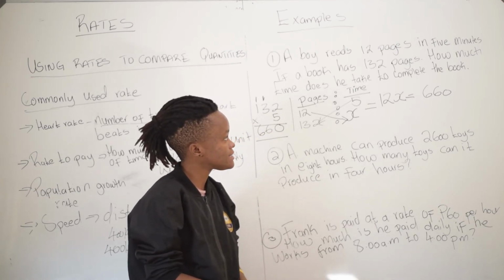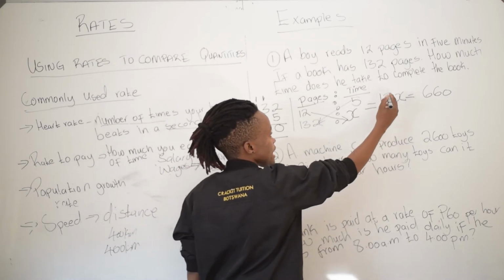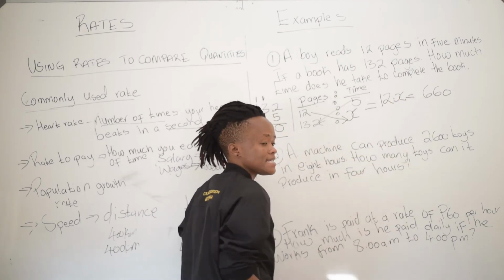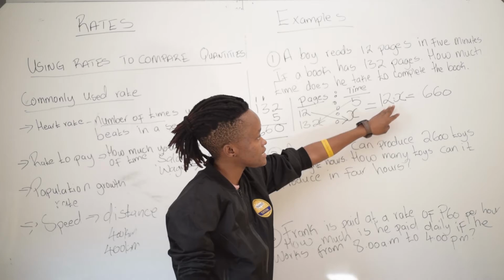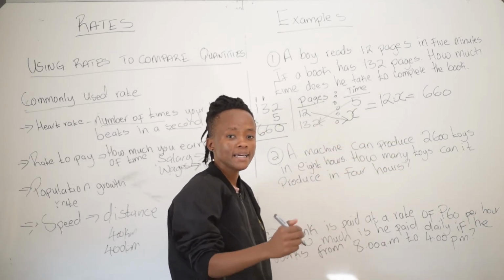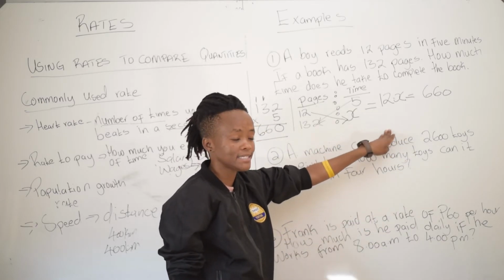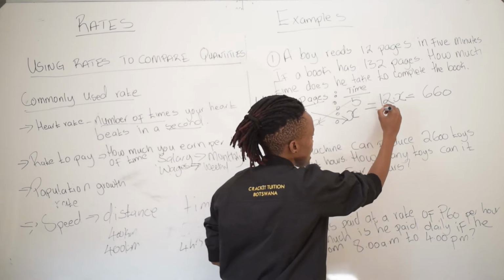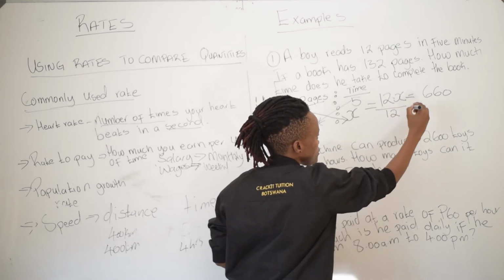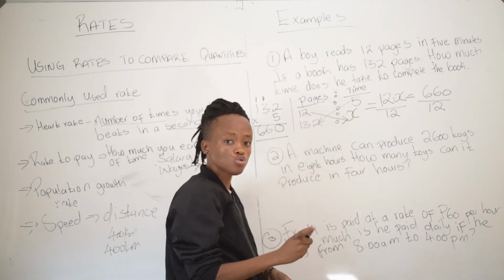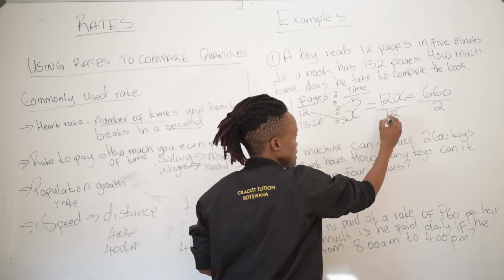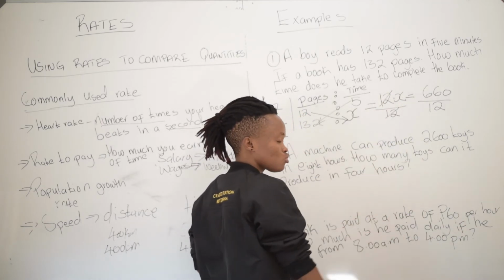From our algebra rules, there is a multiplication sign here, even though it's not written, it's there. And the multiplication sign is removed by division. So what we have to do here, we divide both sides by 12. And automatically this 12 will cancel this 12.